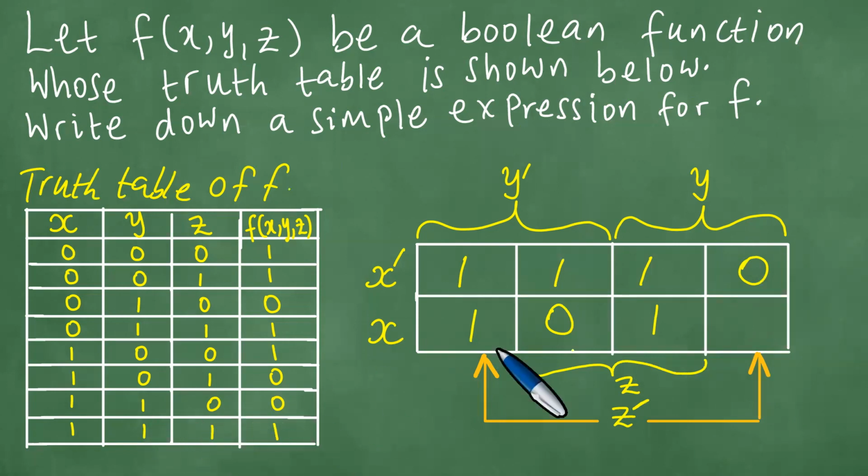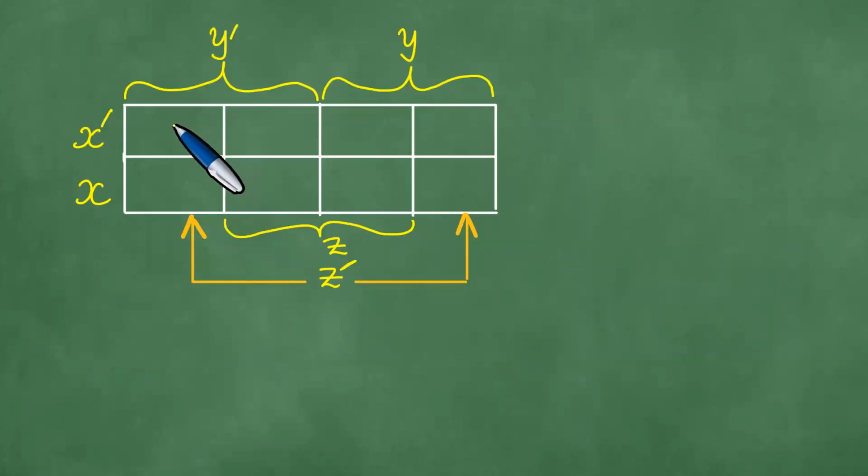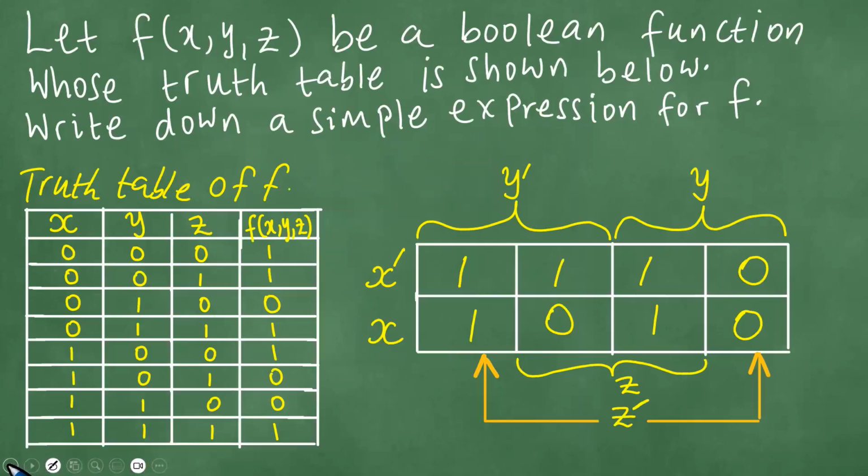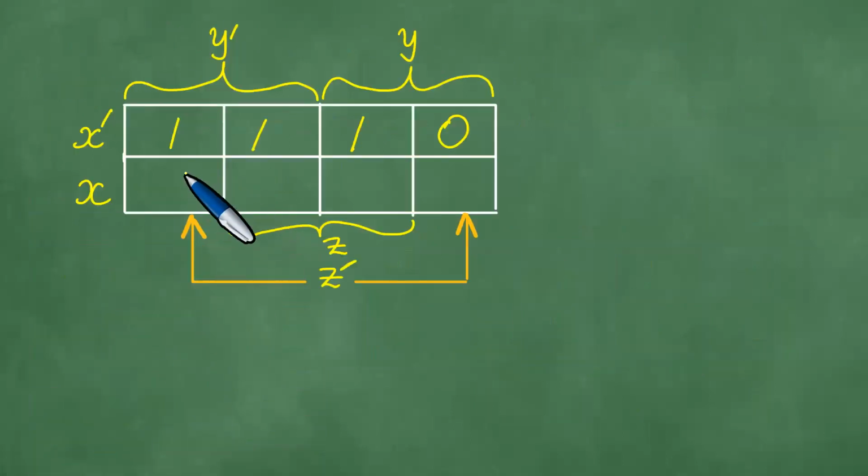So 1, 1, 0, it's a 0. Now we have this. Okay, so just take a look at that part. So it's like 3 ones and 0, and then 1, 0, 1, 0.